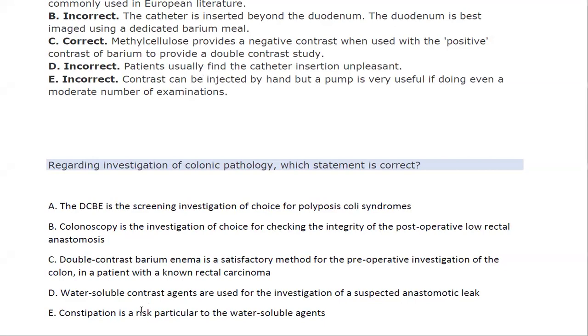Water-soluble contrast agents are used for the investigation of suspected anastomotic leak. Constipation is a risk particular to the water-soluble agents. D. Okay.